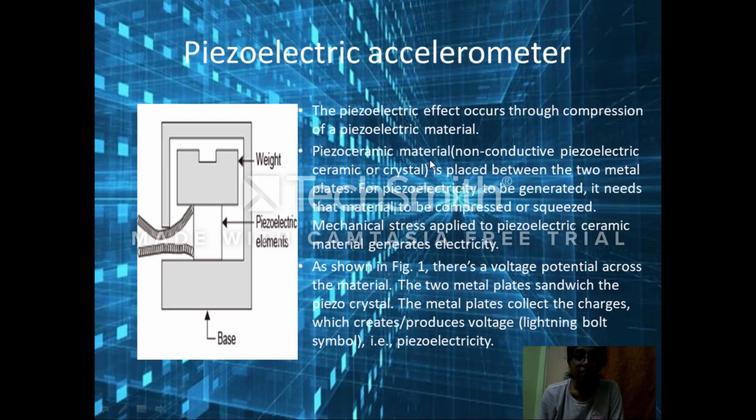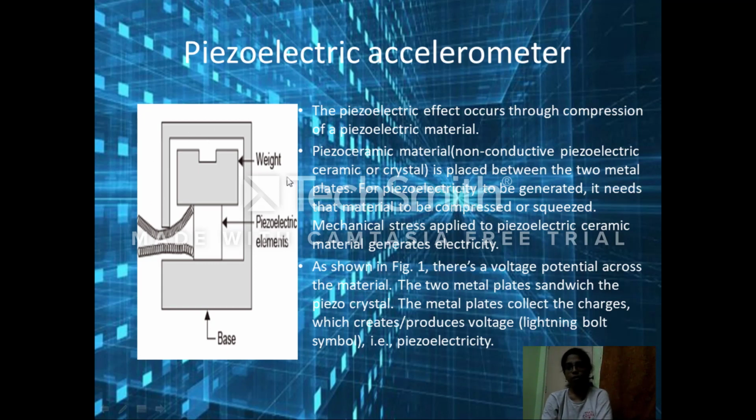Now this is the building of the piezoelectric accelerometer. There will be a base part. This is the piezoelectric element which we keep in between the base and the weight. This is the known weight which we keep here, and we close it with this kind of arrangement.